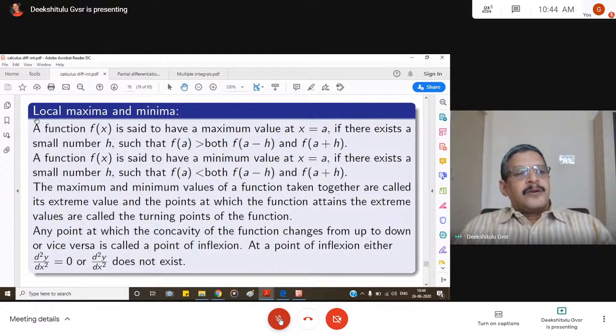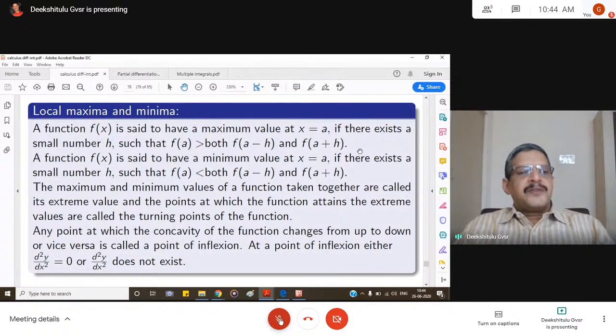Note that it is local maxima and minima. The word local is very important here. The function f of x is said to have a maximum value at x is equal to a if there exists a small number h such that f of a is greater than f of a minus h and f of a plus h.